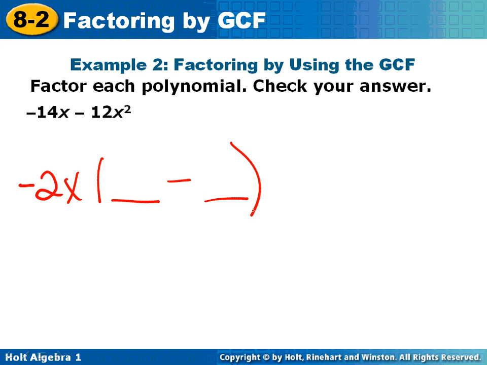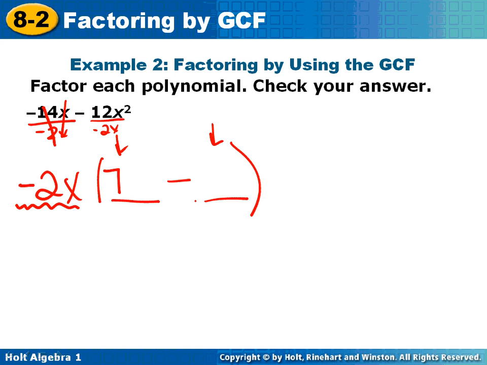I'm going to show you a little bit different way to do this time. I can also take the monomial that is your GCF, divide by it, and put it under here. That's what gives you what goes in the two blanks. So negative 2 goes into 14 7 times, and the x's cancel, so I just get a 7.